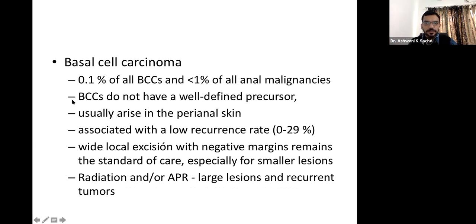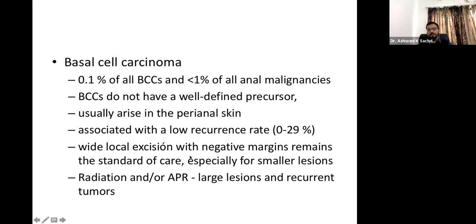Basal cell carcinomas account for 0.1% of all basal cell carcinoma and less than 1% of all anal canal malignancy. They do not have a well-defined precursor, and they usually arise in the perianal skin, and they are associated with very low recurrence.